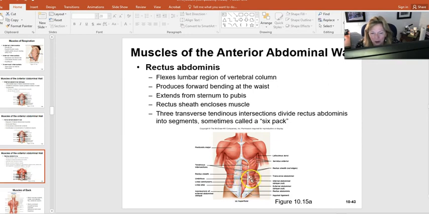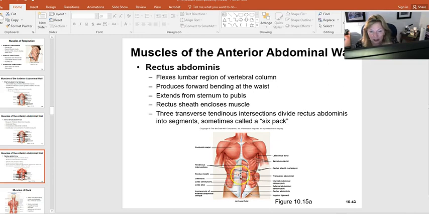Once the abdominal muscles are peeled back, it would hopefully make sense that external means on the outside. External is more superficial than internal, just deep. And then the transverse is the one with the striations running straight across. The internal oblique is inside of the external, that is also oblique.